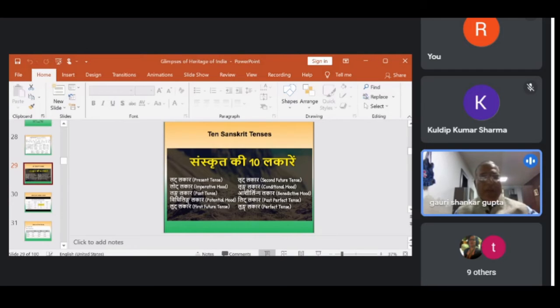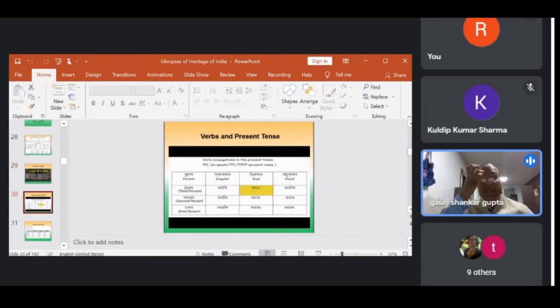So let me give you an example for this now. The verb here is vad. Vad means to speak, to say. That is the verb. There are three numbers, that is ekvachan, dvivachan, bahuvachan, that is singular, dual and plural.